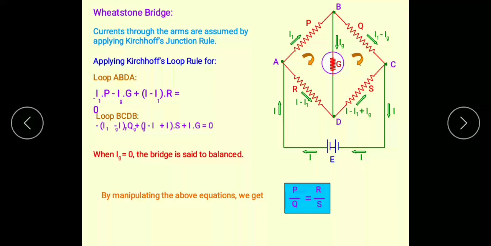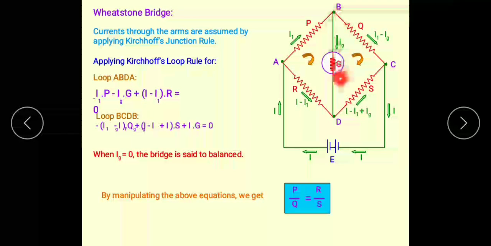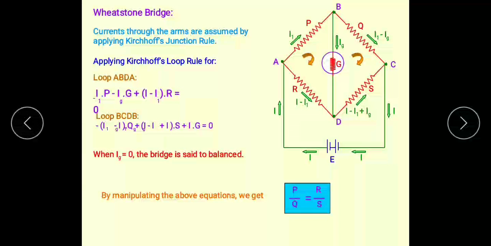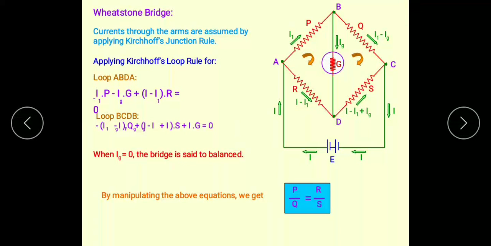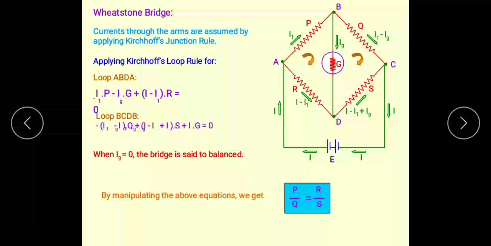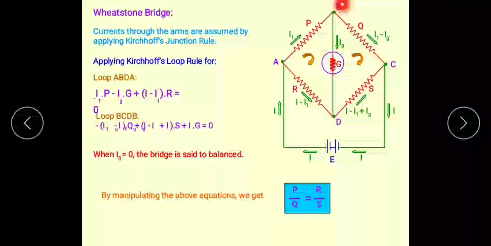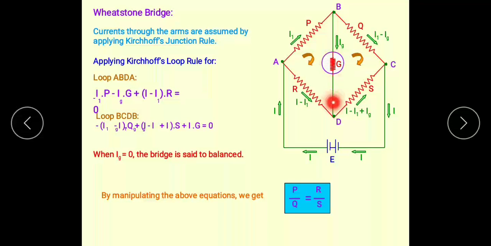Now if it deflects, then it means there is some current, that is Ig, flowing from B to D, and if it is showing zero current, that is no deflection, then it means that Ig is 0 and there is no current flowing from B to D.